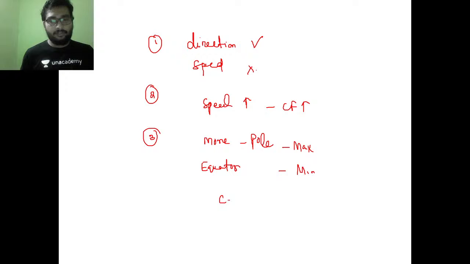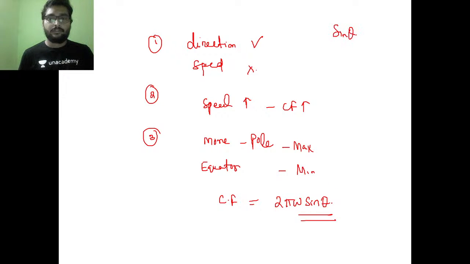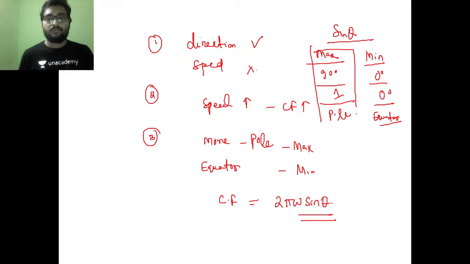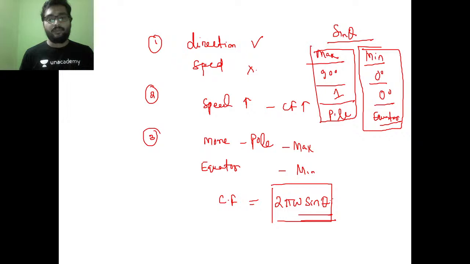Why? Because the Coriolis force depends upon the factor 2 Ω sin θ. The maximum value of sin θ is sin 90°, which equals 1, and the minimum value is sin 0°, which equals 0. 0 degrees is the equator and 90 degrees is the pole. So this total value will be maximum when sin θ is maximum, at the pole, and minimum when sin θ is minimum, at the equator.